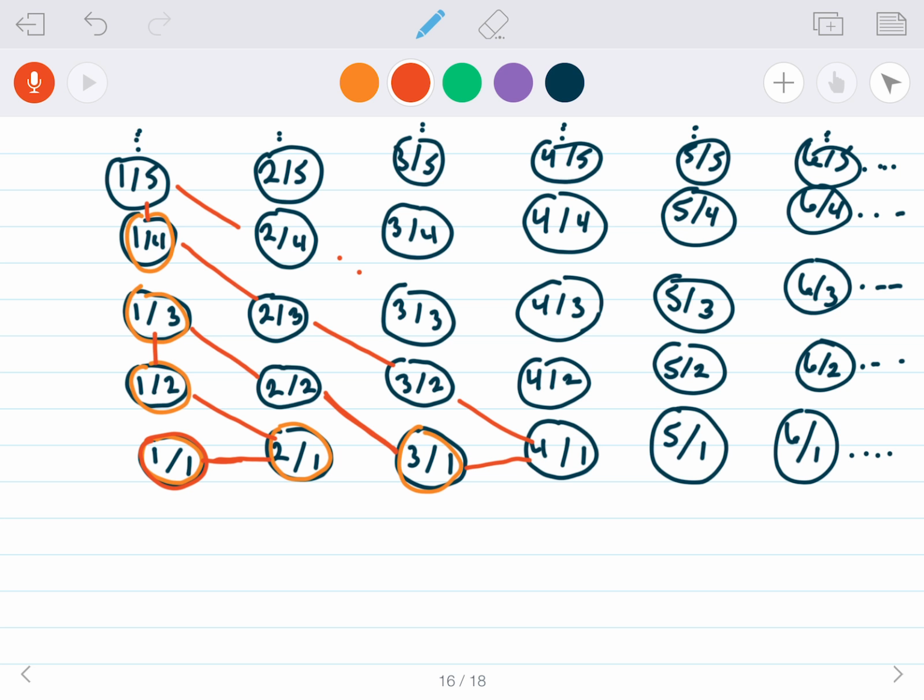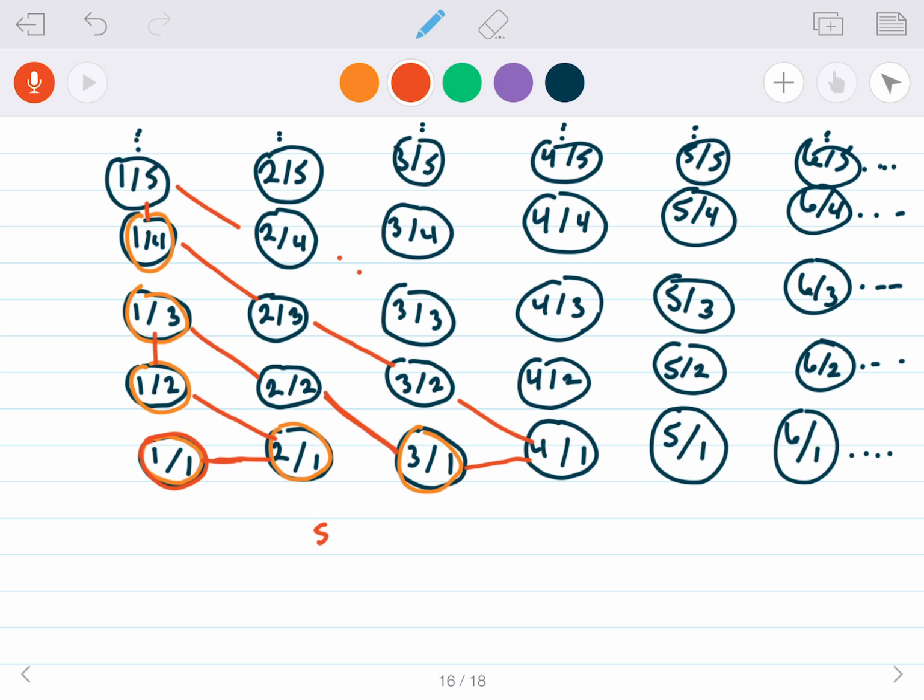So, it's not a super airtight proof, but it makes sense that when you go along the diagonal like this, we're never going to miss a fraction. We're never going to miss a rational number.